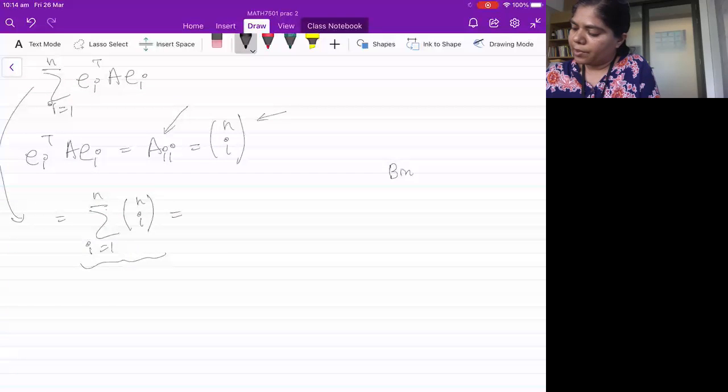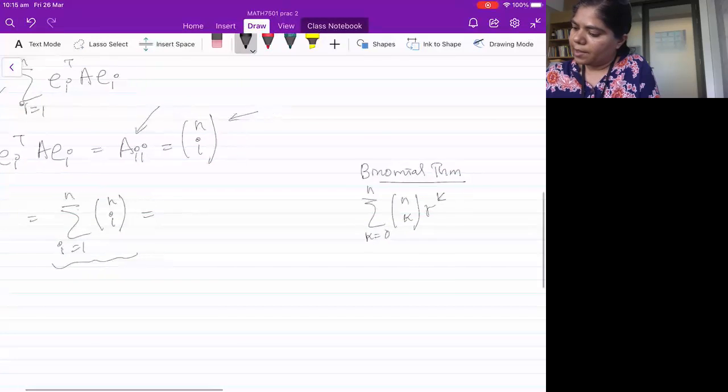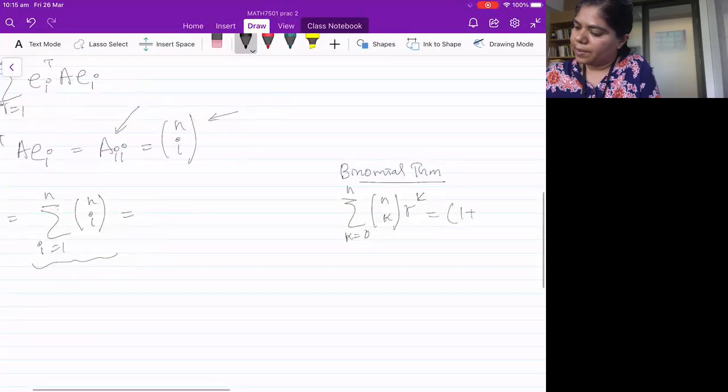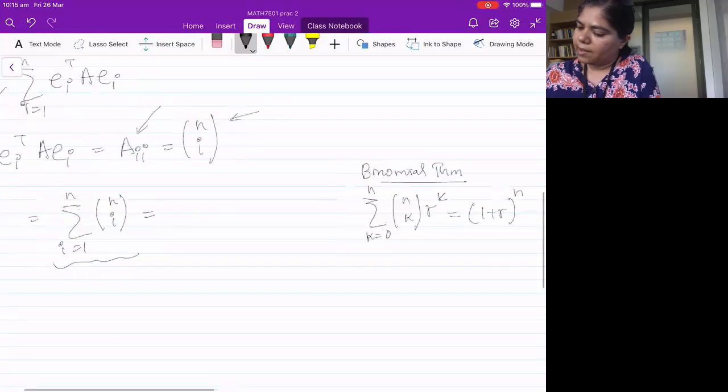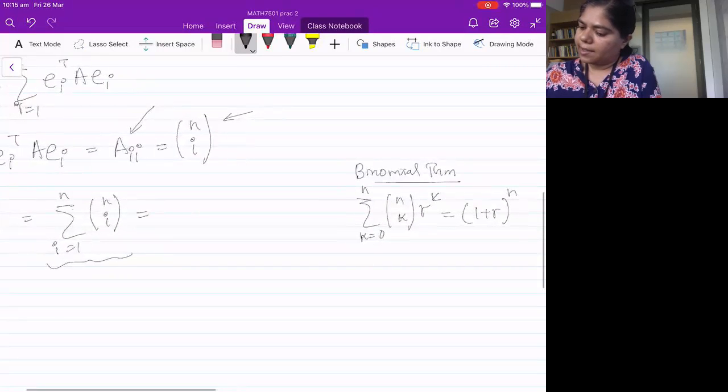It's the binomial coefficient, right? Remember the binomial theorem? Sum of n choose i, r to the power i. This is equal to 1 plus r to the power n. So in this case, r is 1 here.